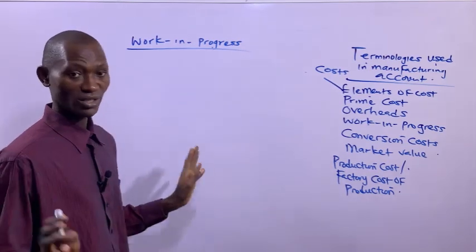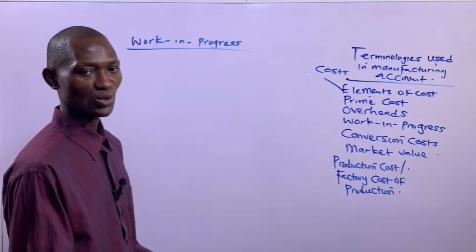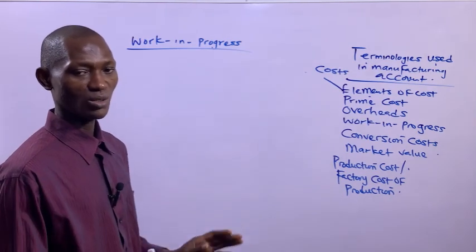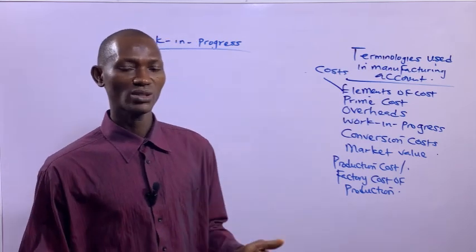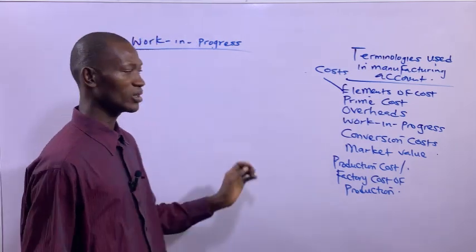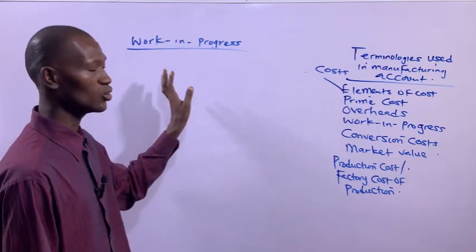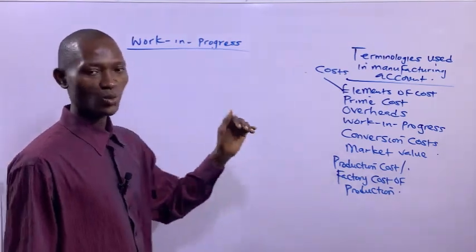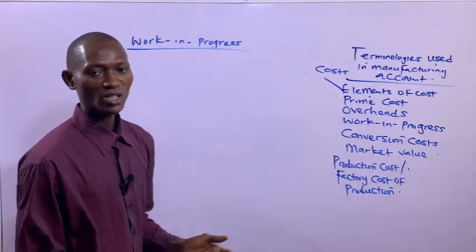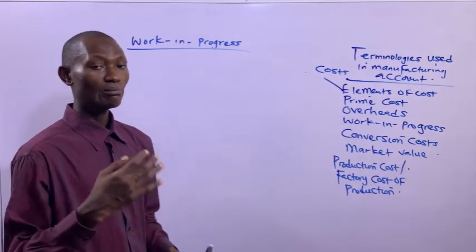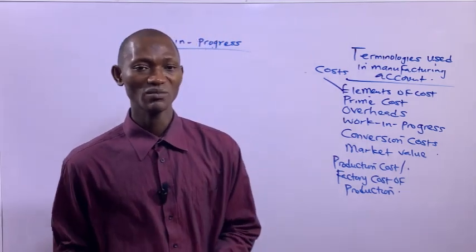That's just what it means: partly produced or partly finished goods. So when the production of a particular good has not been completed, such goods will be regarded as work in progress. So most times in a manufacturing concern, they will always have work in progress at the end of the period.